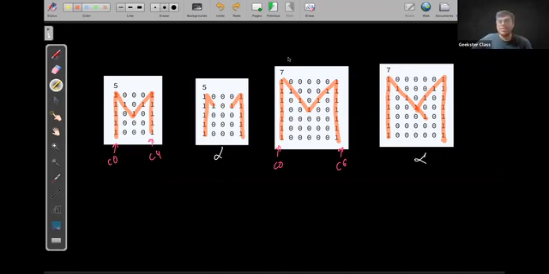Now the only point is how to check whether the cell is on C0. It is pretty simple: if column is equal to 0, then it is on C0. Similarly, for the last column, if column is equal to n minus 1, it is on the last column. We use the OR operator, because a cell can be on both. For example, this corner cell is on C0 and also on the left diagonal.